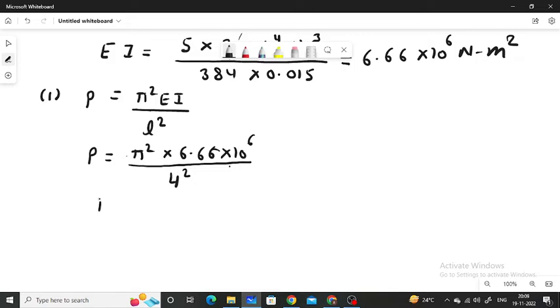Now the crippling load for the column having both the ends pin jointed will be 4108 kilonewton.